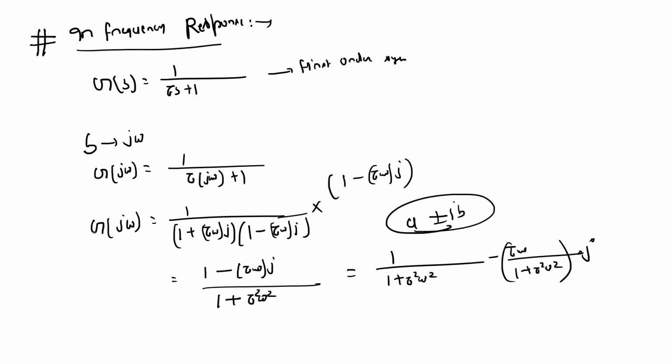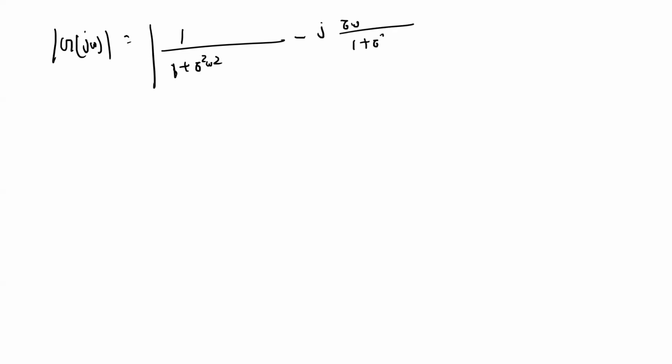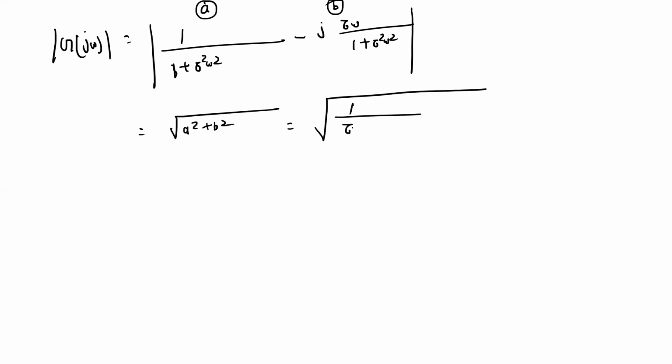If I want to find the magnitude of G of j omega, this is a complex number where this one is a and this one is b. The magnitude will be root of a square plus b square. So I can write the root of 1 upon 1 plus tau square omega square whole square, plus tau omega by 1 plus tau square omega square whole square.